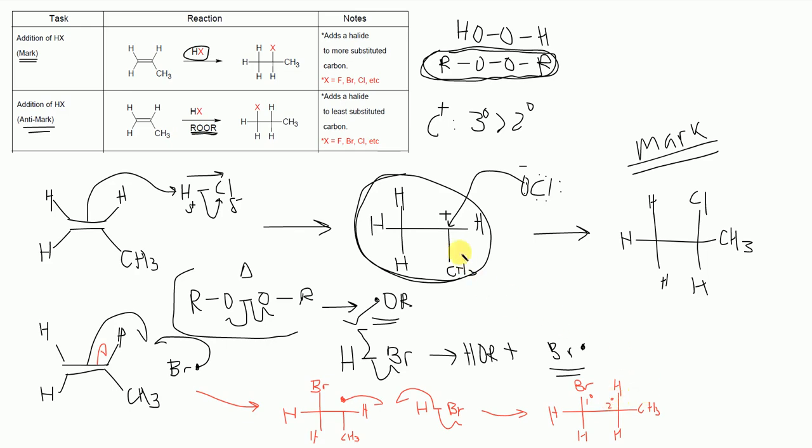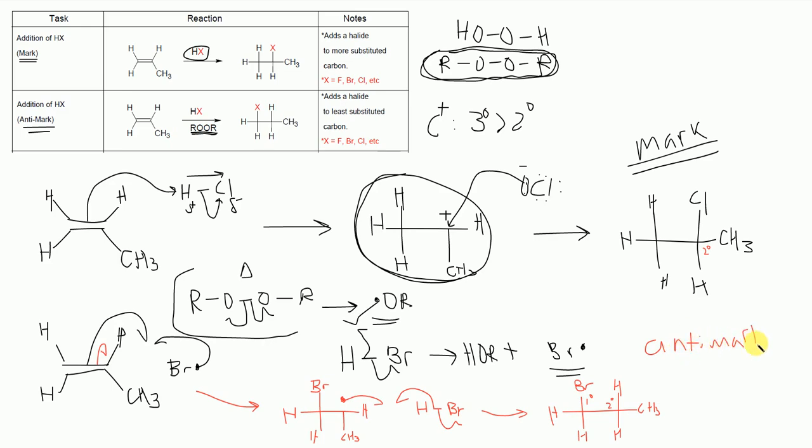Okay, so what we'll notice now is that I have my primary halide addition, and my secondary is now not where the halide addition was. In my first reaction, the Markovnikov one, I had the secondary halide addition location, so substitution there. And the reason for this is because I've introduced the peroxide over here, and this changes from Markovnikov addition to anti-Markovnikov.